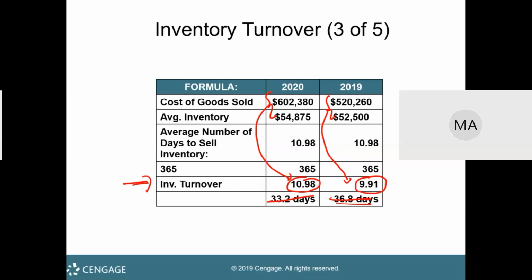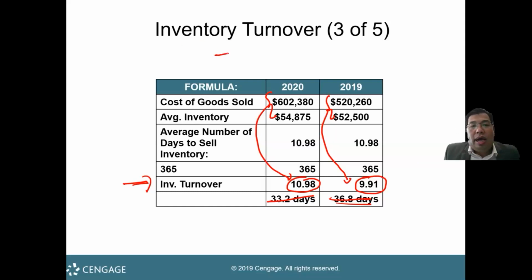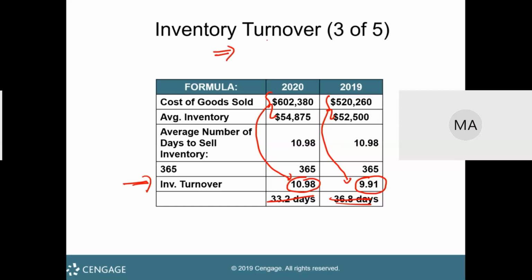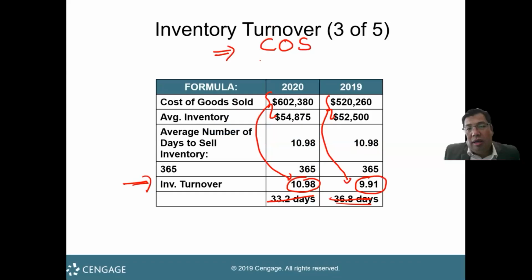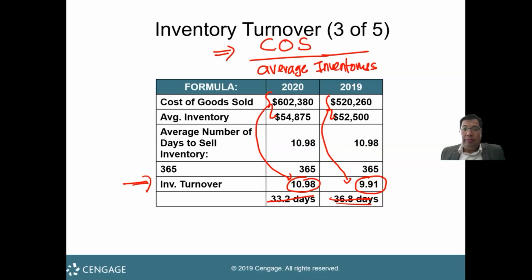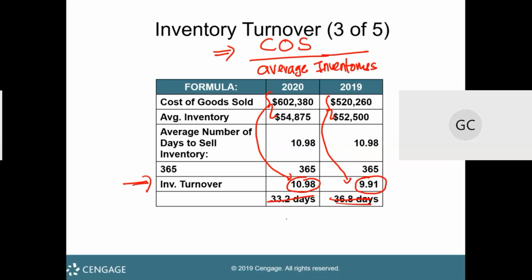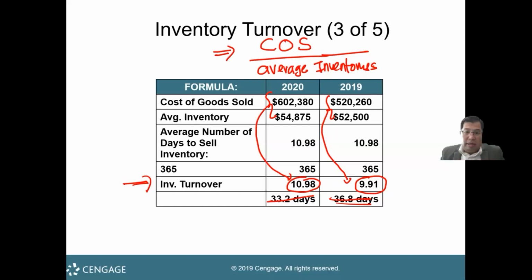Sir, could you please put the formula on this page, how to get 10.98? The formula is cost of sales divided by average inventories. And sir, is 10.98 the number of days? This one, 10.98, is the number of times.